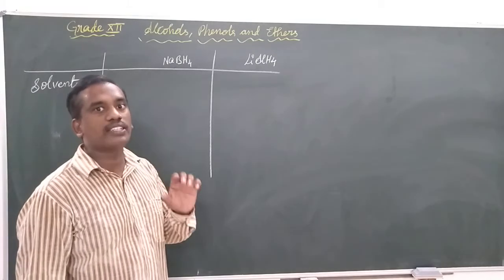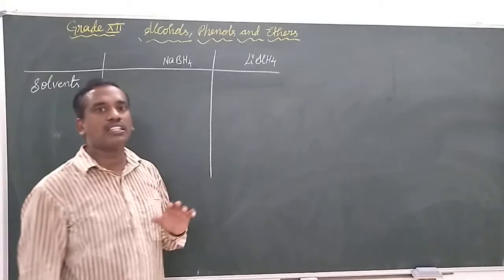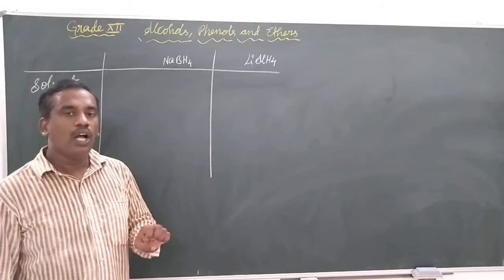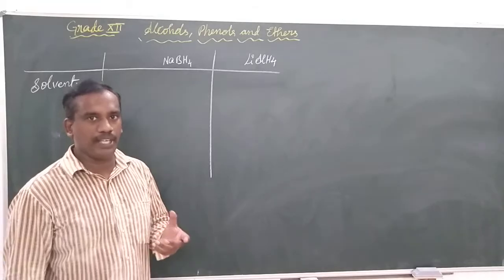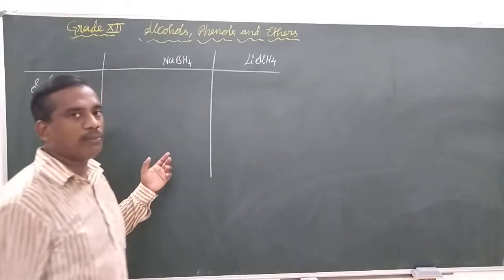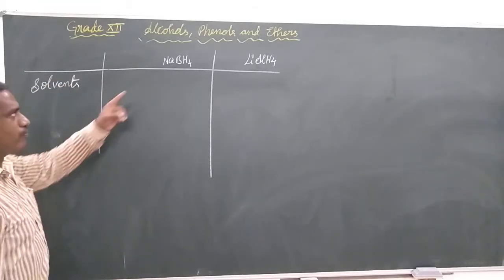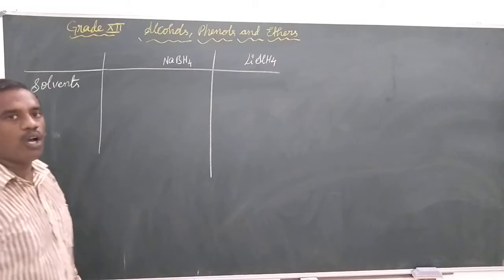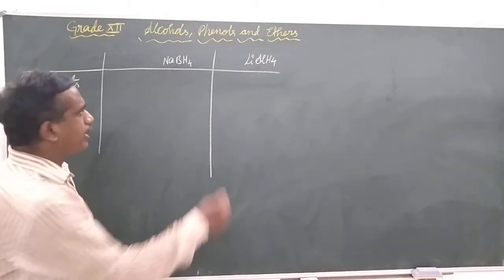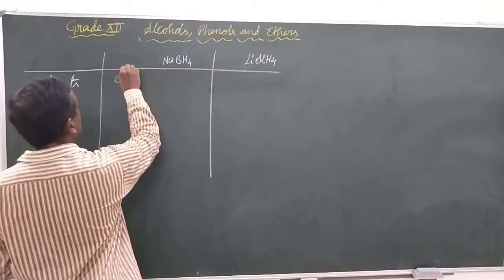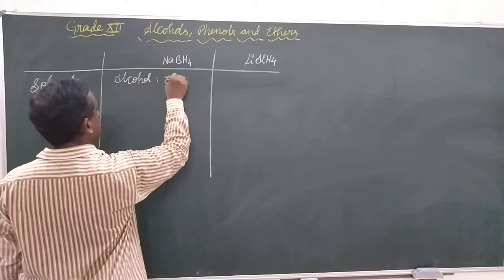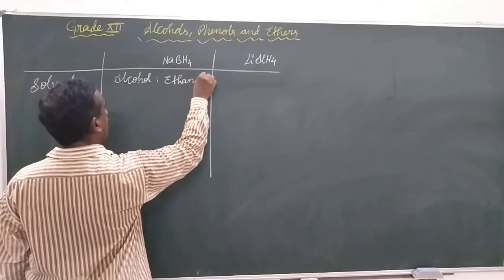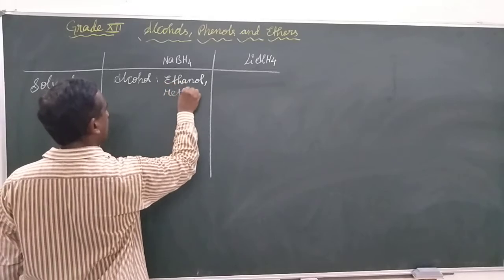Those alkoxide salts are generally insoluble; to be hydrolyzed, they will be soluble in any medium. So for sodium borohydride, generally we use alcohol as the solvent. We can use ethanol or methanol as the solvent.